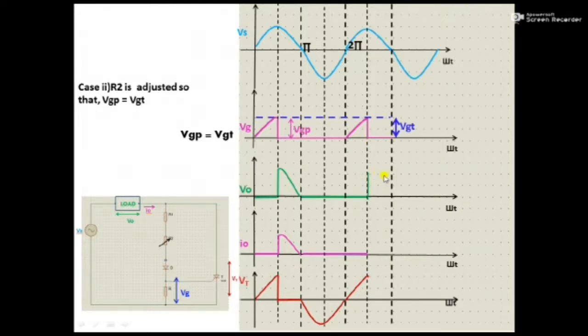So your output voltage will again be the same as the supply voltage, that is this portion of the supply voltage. Current will follow the output voltage, so these two are the same waveforms, and your thyristor is now in the on state. When it is on, the voltage across the thyristor is 0 because it is providing a short. So this is what happens when R2 is adjusted so that VGP is equal to VGT.